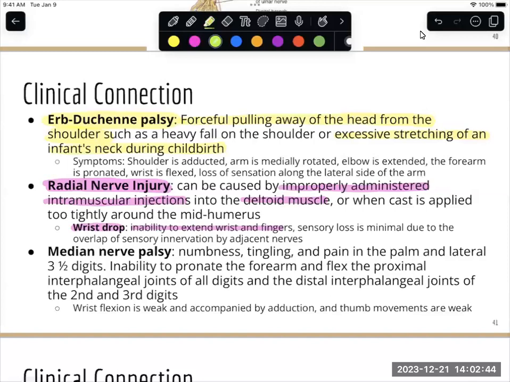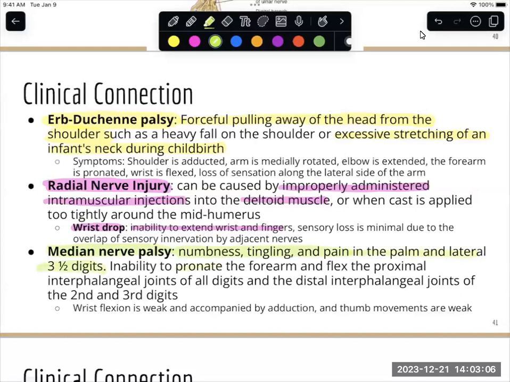Next one, median nerve palsy. That median nerve palsy is another kind of carpal tunnel syndrome. So you get this numbness and tingling, can be pain too, in your palm of your hand or your lateral 3.5 digits.